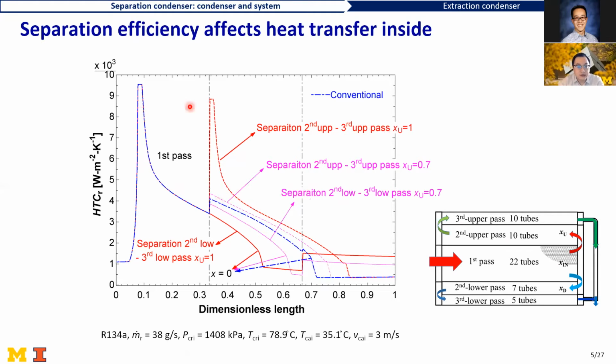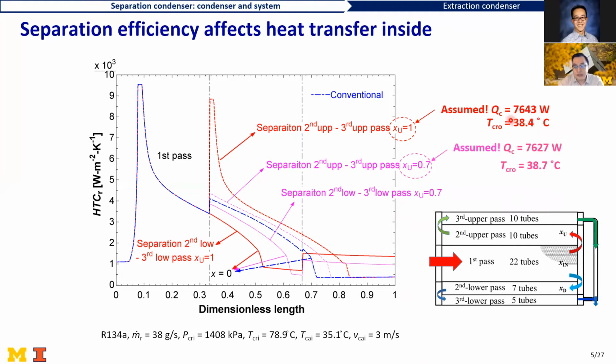The red curves denote XU equal to 1, and the pink curves denote XU equal to 0.7. We can see that as soon as the upward moving quality decreases, the HTC will also decrease, and we have some gain back at the same time on the lower pass.